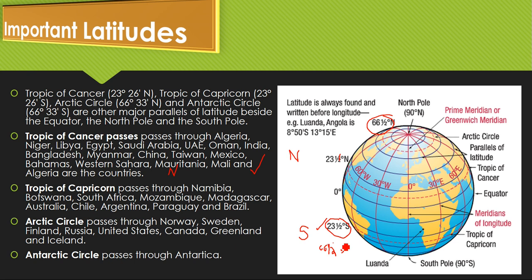I am going very slowly because these concepts need to be understood to understand basic concepts of geography, such as climate change, water, rainfall, pressure, landforms, natural vegetation, wildlife.